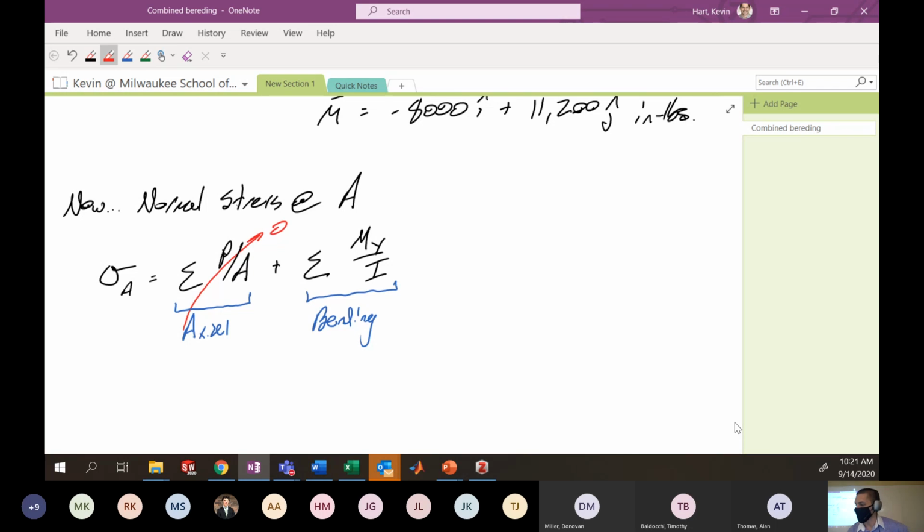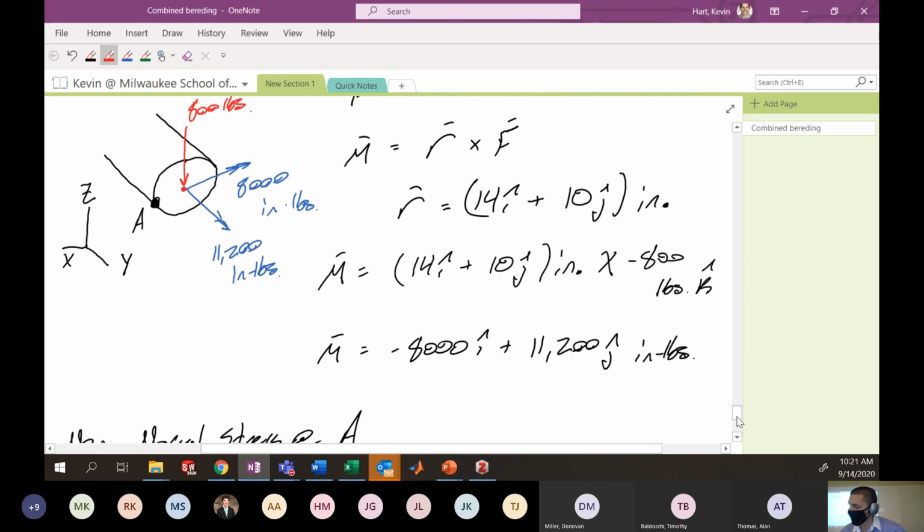Now, what about bending? Bending here I will have to consider. I do have a couple of loads that look like bending loads. We'll notice first that this double arrow is in the direction of the axis of the beam, so this here is a torque.